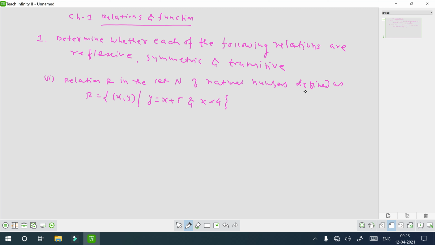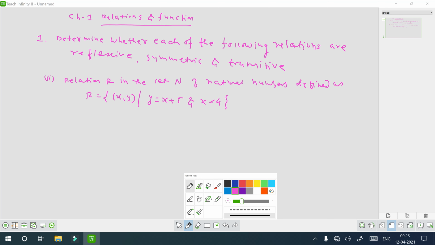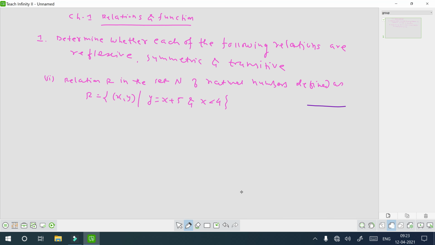This type of relation is given to us. This is what is given in the question paper.